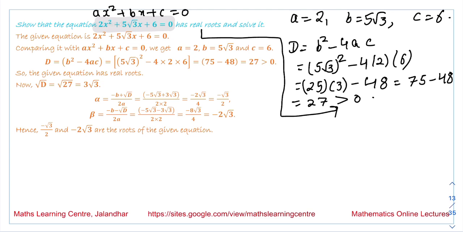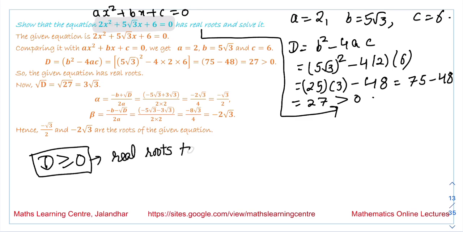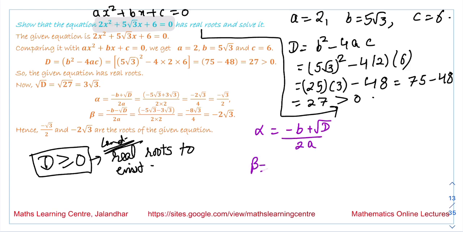We are saying the condition is that discriminant should be greater than or equal to 0. This is the condition for real roots to exist. Now we have to solve this equation. So to solve this equation, alpha is equal to minus b plus square root d by 2a and beta is equal to minus b minus square root d by 2a.